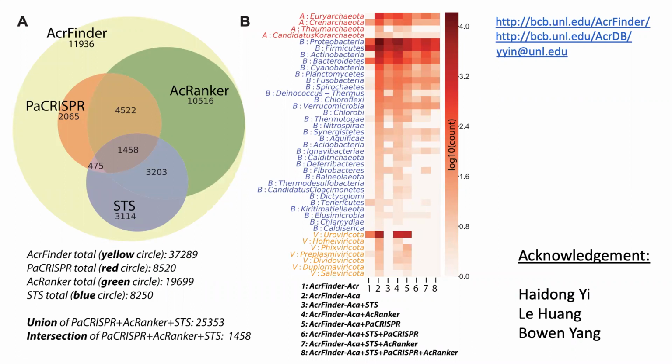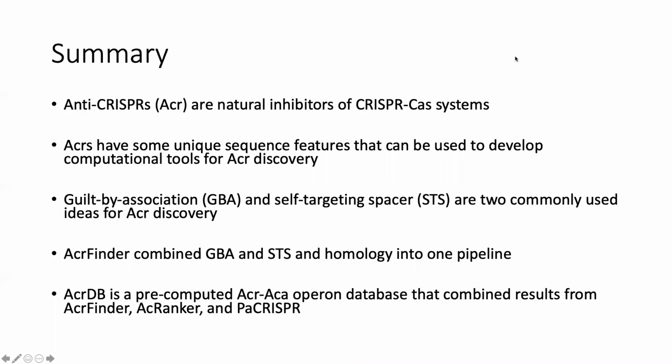About 1,500 operons are highly confident, the intersection, as they were supported by all 3 programs and also found in self-targeting genomes. We have also shown that ACR-ACA operons are widely distributed in different phage and prokaryotic taxonomy groups. All the pre-computed data are available on our website.